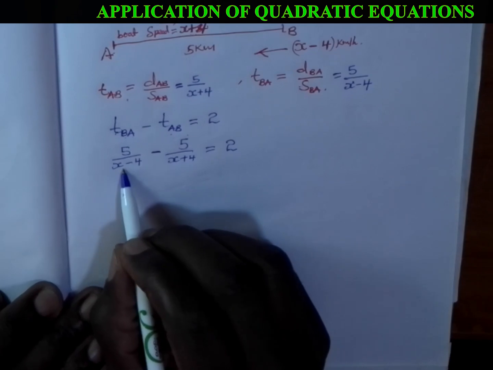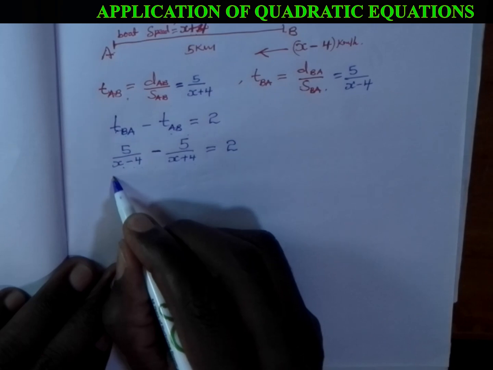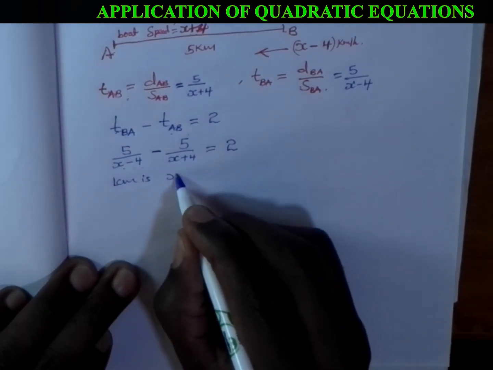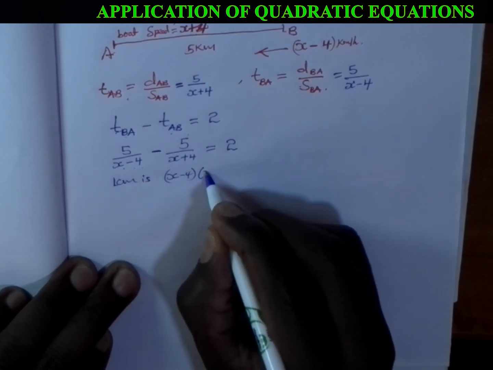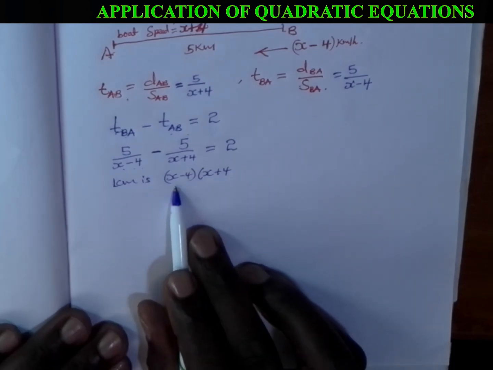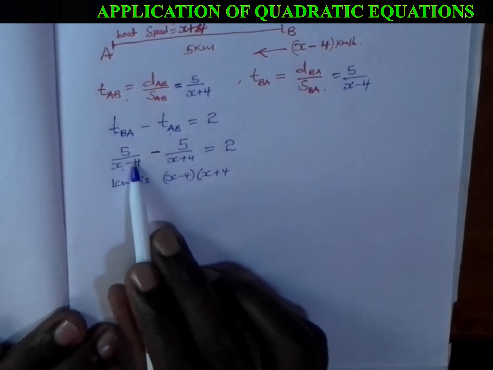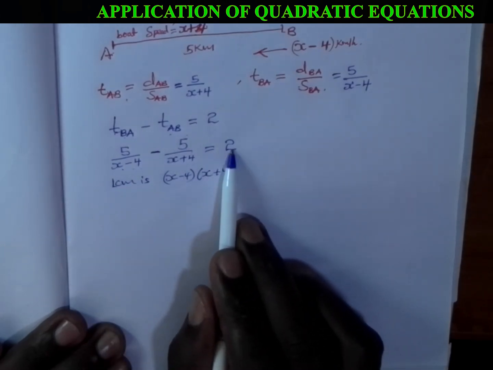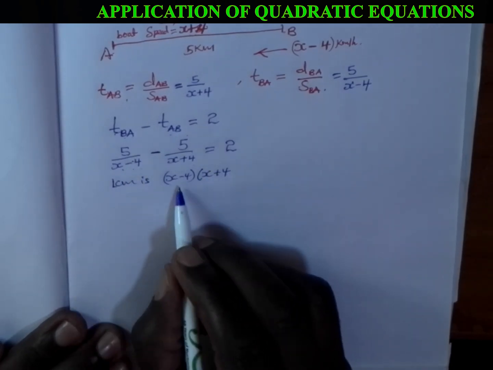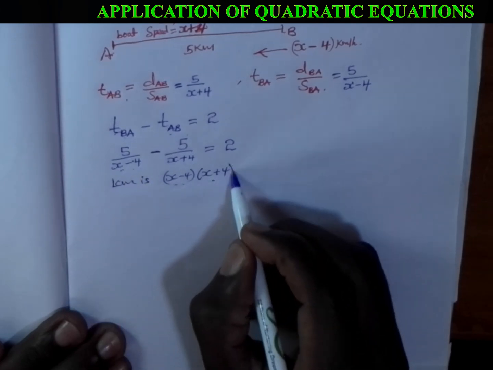So the LCM of x minus 4 and x plus 4 is x minus 4 multiplied by x plus 4. So we need to multiply the LCM in each term. If we multiply LCM on each term of this equation, this LCM divided by x minus 4, we get x plus 4.